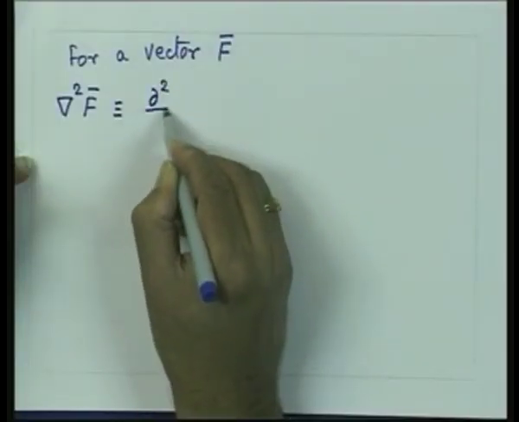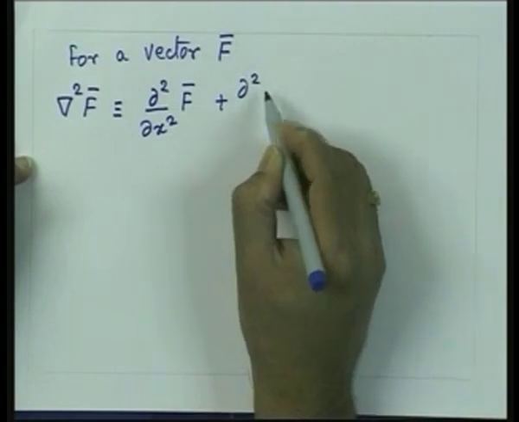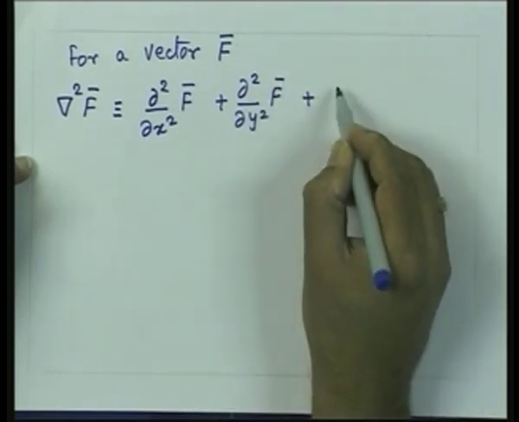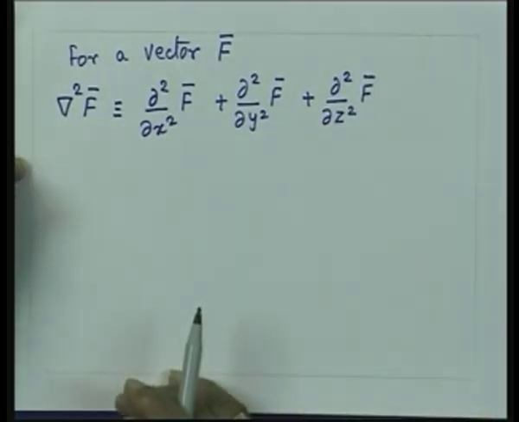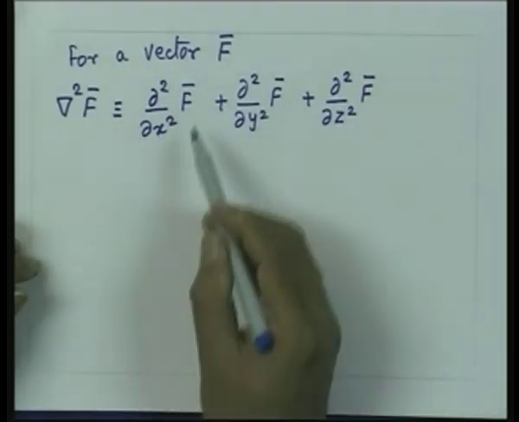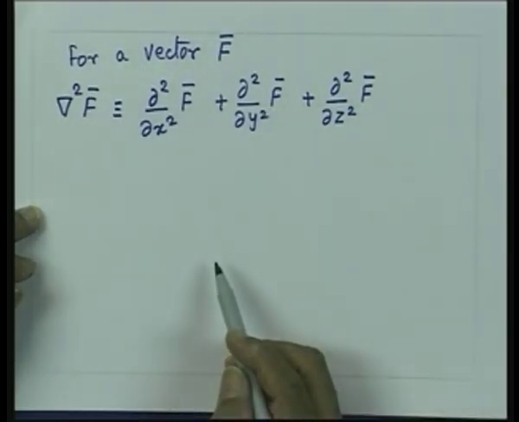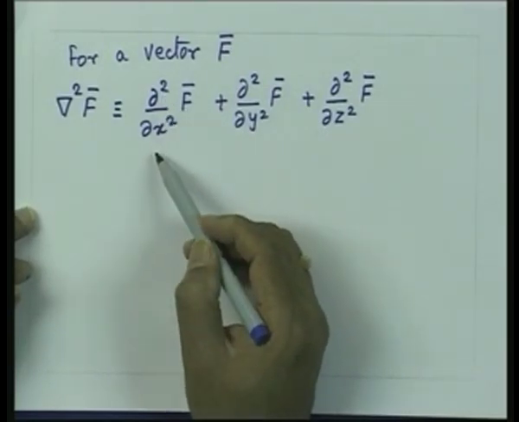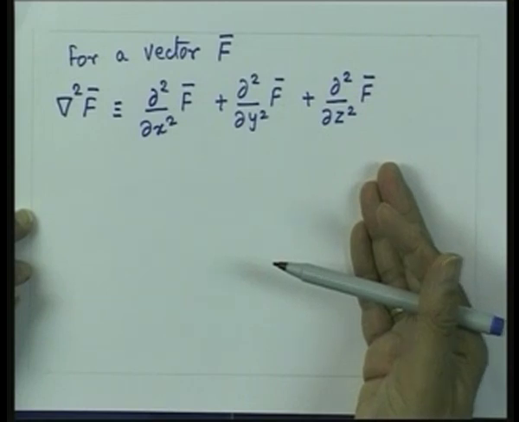So, in this case, you will get d2 by dx square F plus d2 by dy square F plus d2 by dz square F. What that means is that if I expand F in its components Fx, Fy, Fz, you will have d2 by dx square for all the 3 components, d2 by dy square for all 3 components, and d2 by dz square for all the 3 components.